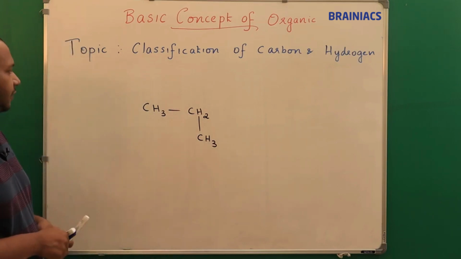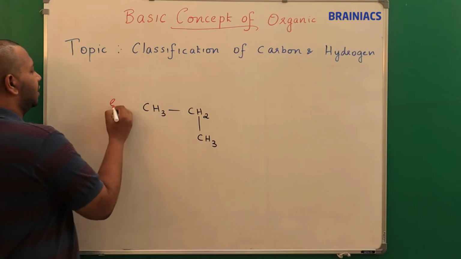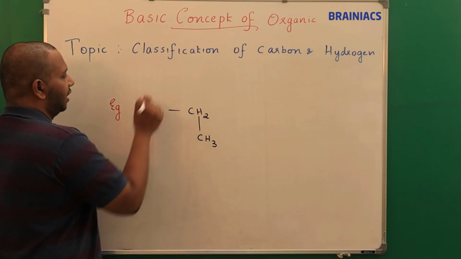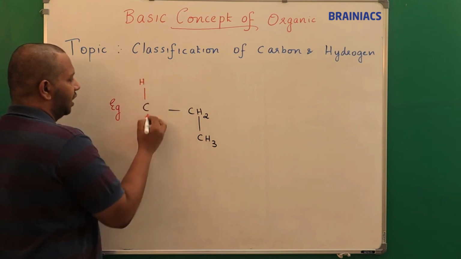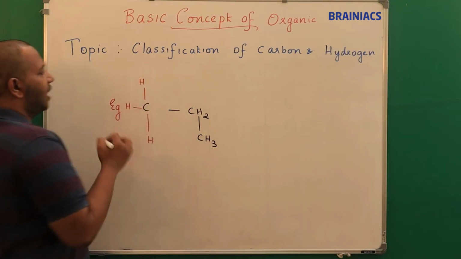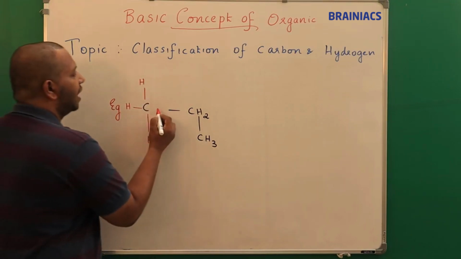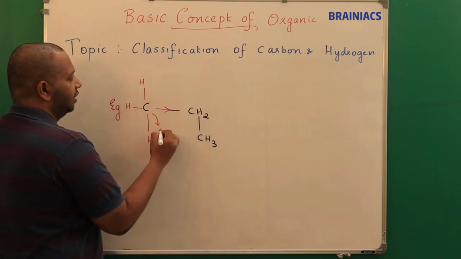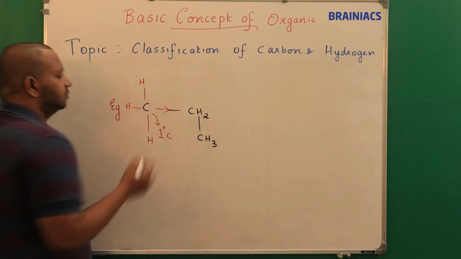Now how will I identify the carbon atom? Listen here. For this carbon atom, 3 valencies are hydrogen and only 1 valency is connected to another carbon atom. So this should be a 1-degree carbon atom.